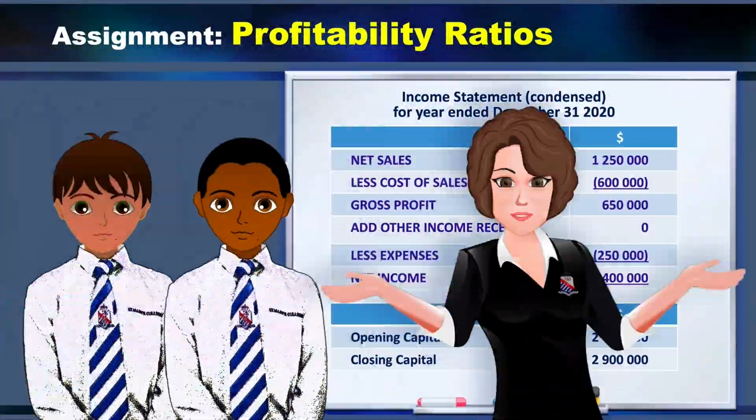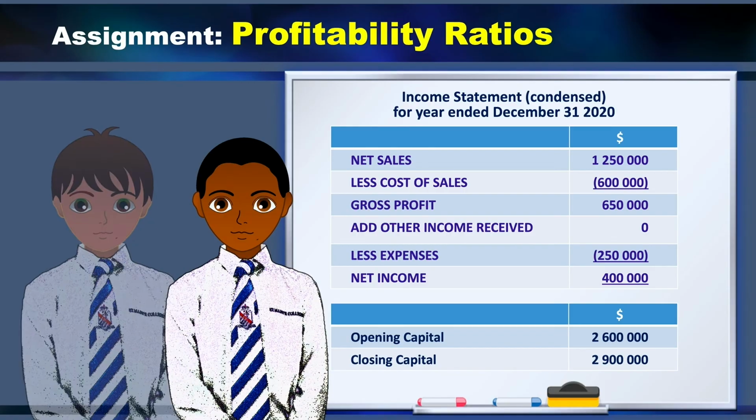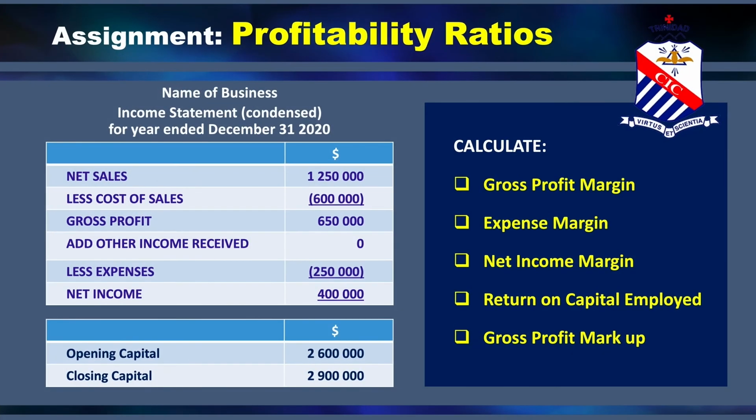So we're going to send you off with a wonderful little assignment to do. You have the information there from the income statement, and you have opening capital and closing capital figures.